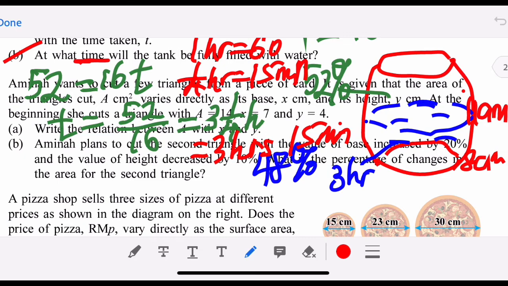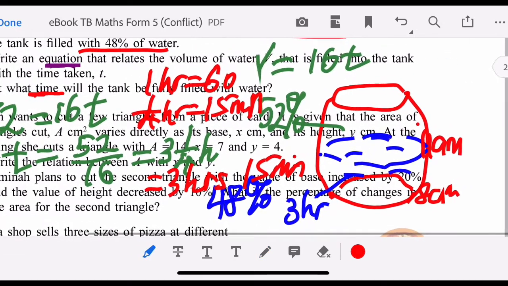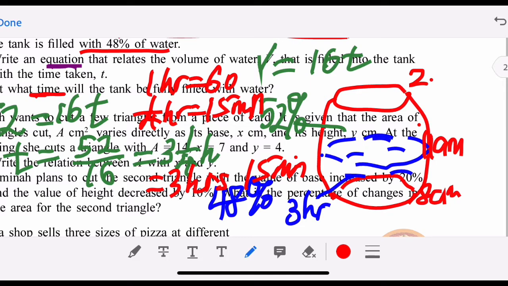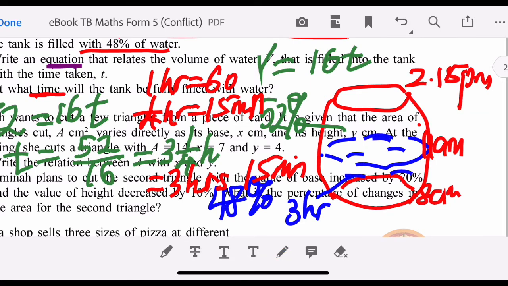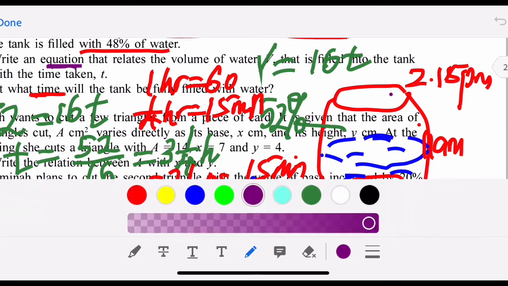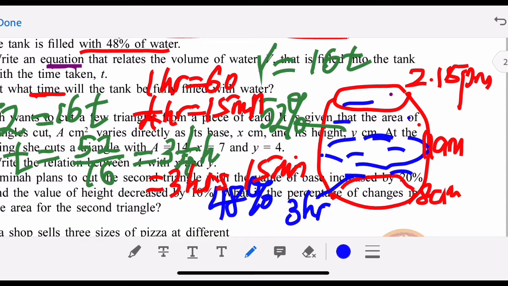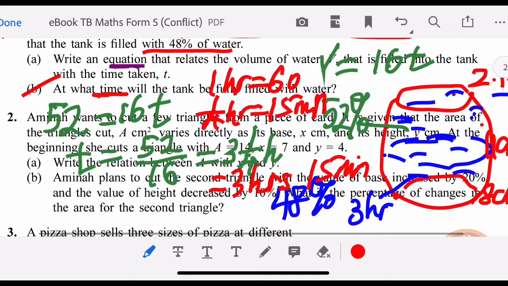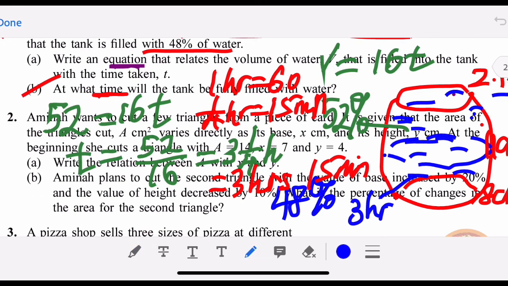So the time is actually 2:15 p.m. to fill with the water. The tank will fill with water. Okay, understand? So you need to really understand the question. So this is the answer for B: at time 2:15 p.m.